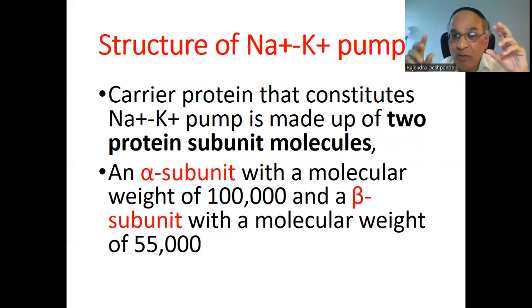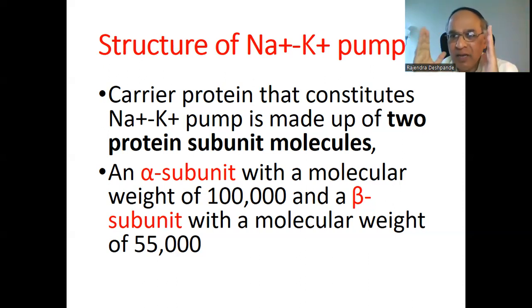We are discussing the inner aspect of the NAK pump, the structure of the NAK pump. I have said that this pump is made up of two protein subunits. And which are those subunits? Alpha and beta.